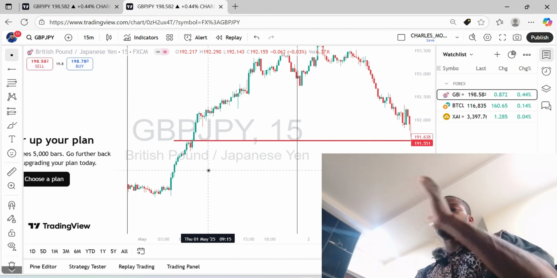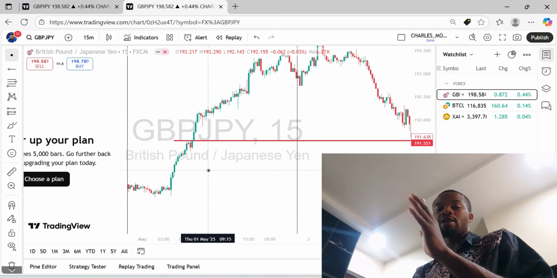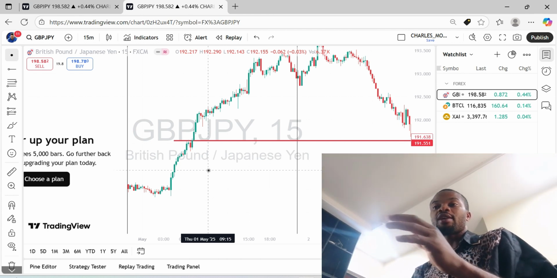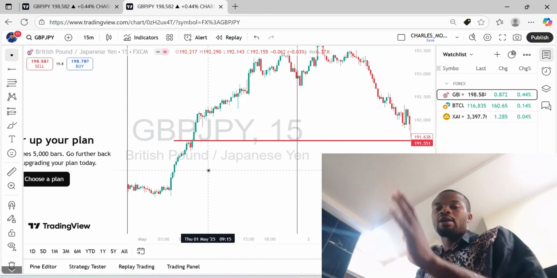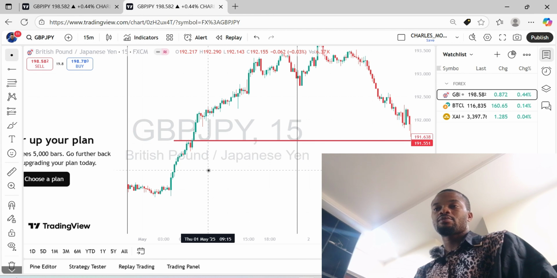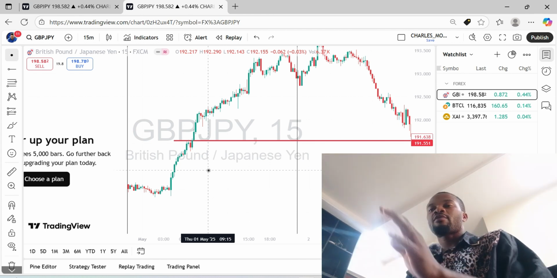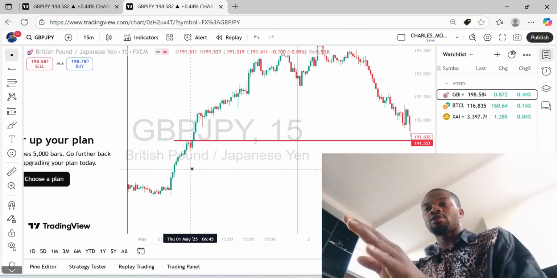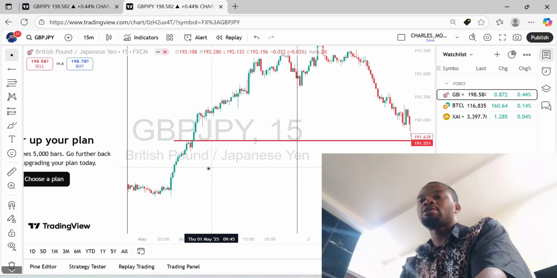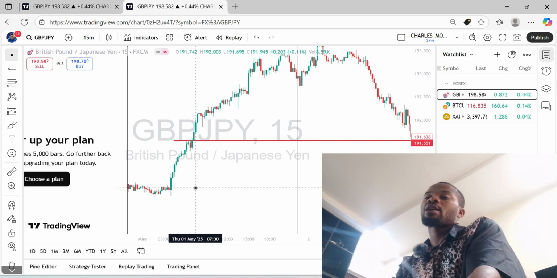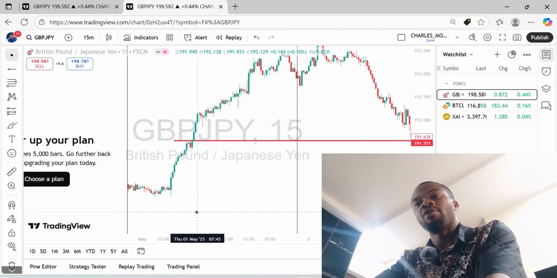If it breaks above that line, I can take my buy. You see, in as much as I don't know yet the direction of the market, this is what I would have done that day. Mark out this horizontal line from here.